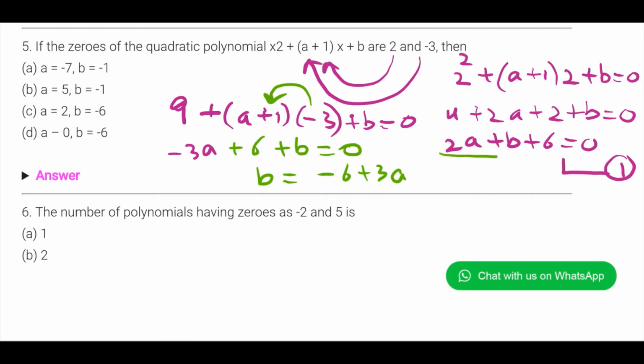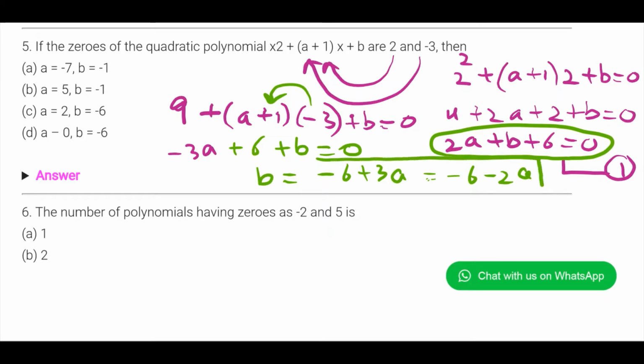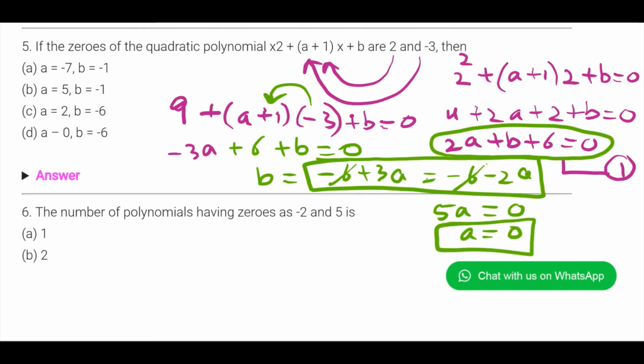From here, the value of b equals minus 6 minus 2a. We'll solve these two. Minus 6 gets cancelled on each other. So 5a equals 0. a equals 0. If a equals 0, then b will be equal to minus 6. So the answer is a equals 0 and b equals minus 6, option D.